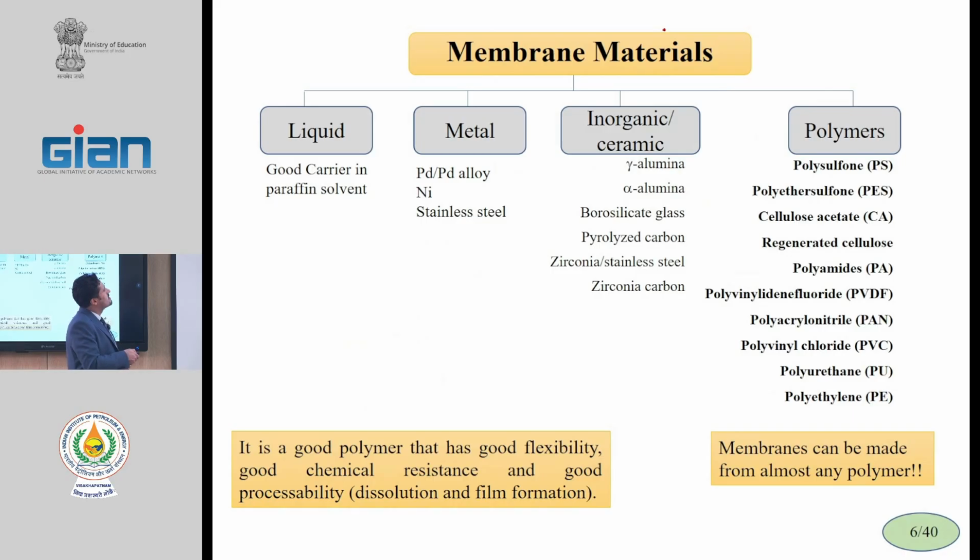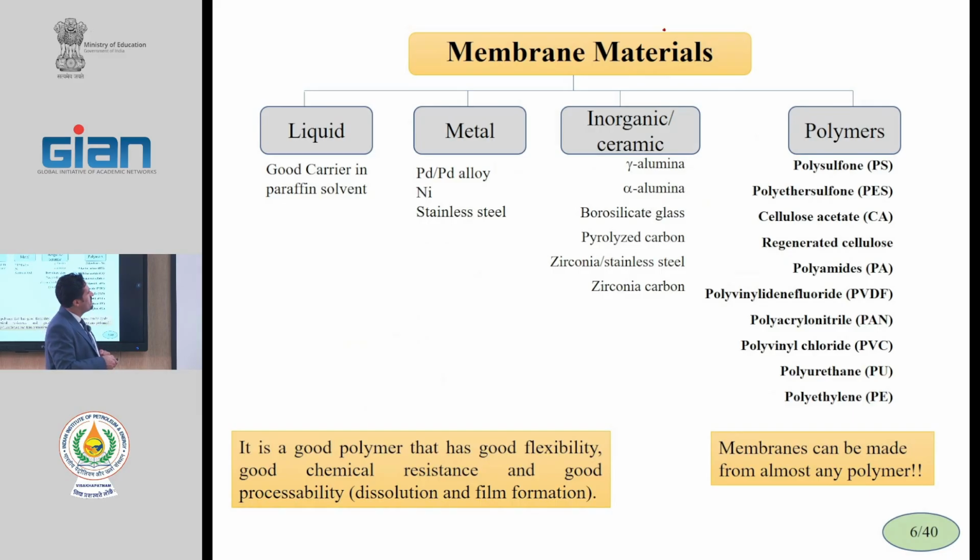We have ceramic membranes that are usually fabricated from alumina. Ceramic membranes are more expensive than polymeric membranes because the use of materials is high and they need high temperature for fabrication.